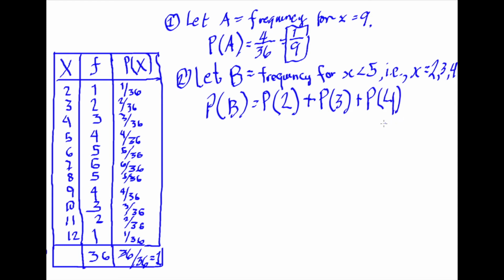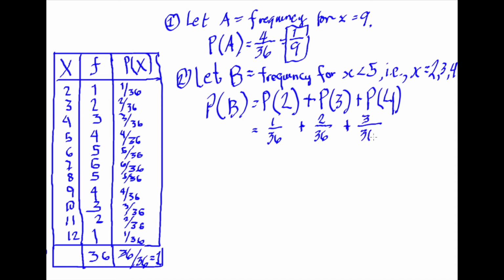We substitute the values there. The probability of getting 2 is 1 over 36, plus the probability of getting a 3 is 2 over 36. The probability of getting 4 is equal to 3 over 36.